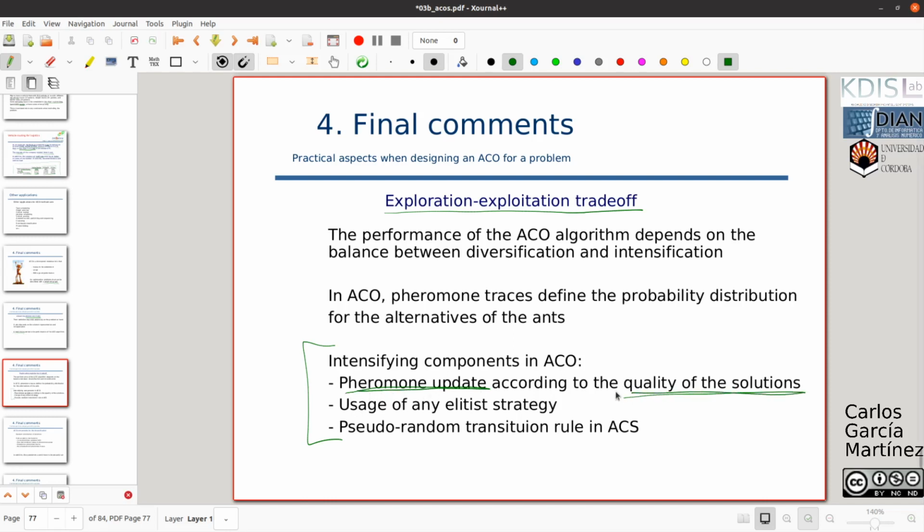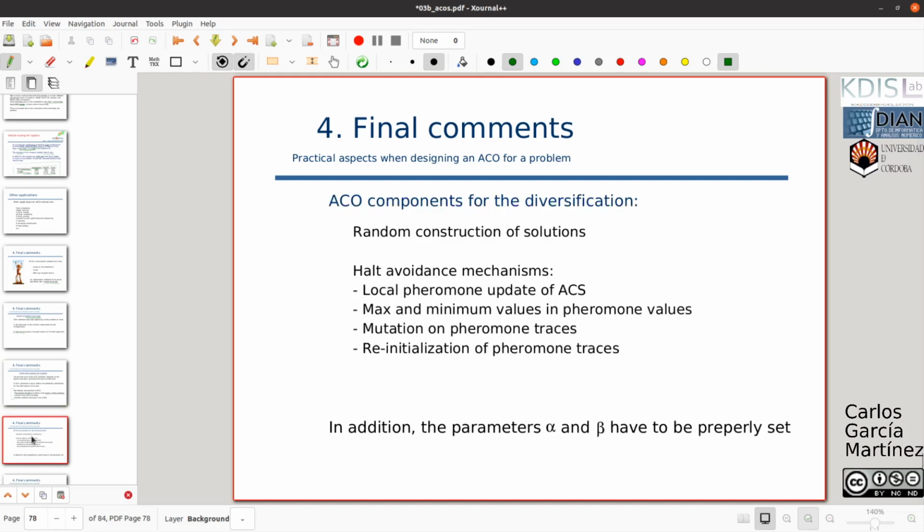This is for intensification. And there are other components for diversification, such as these ones. Well, we have not commented on all these alternatives, but there are some proposals that apply these ideas. For instance, there is a proposal that applies a kind of mutation operator on the pheromone matrix.